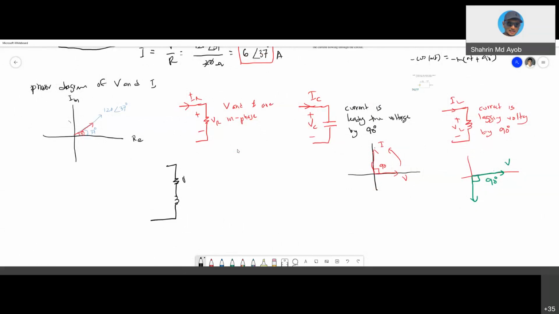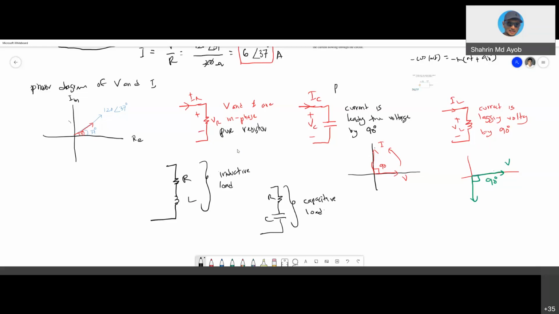But if you have a combination of loads, for example, a resistor and inductor, R and L, this one we call inductive load. And if you have a resistor and a capacitor, this one we call capacitive load. This one is pure resistor load.